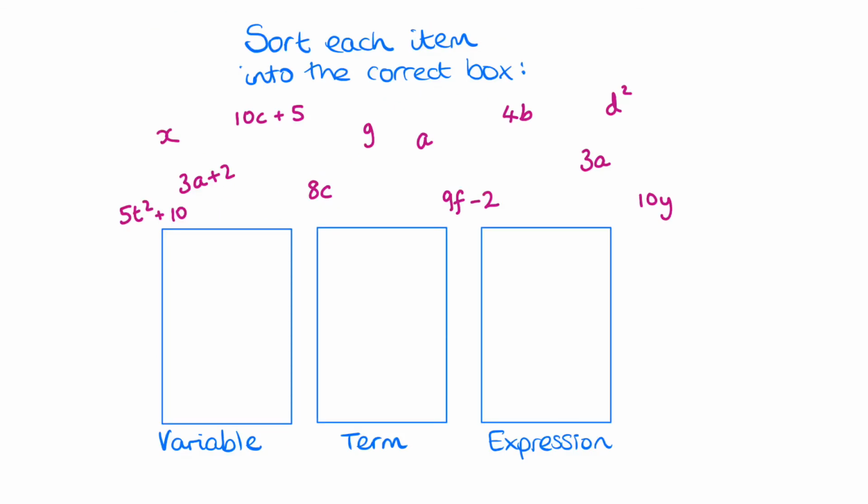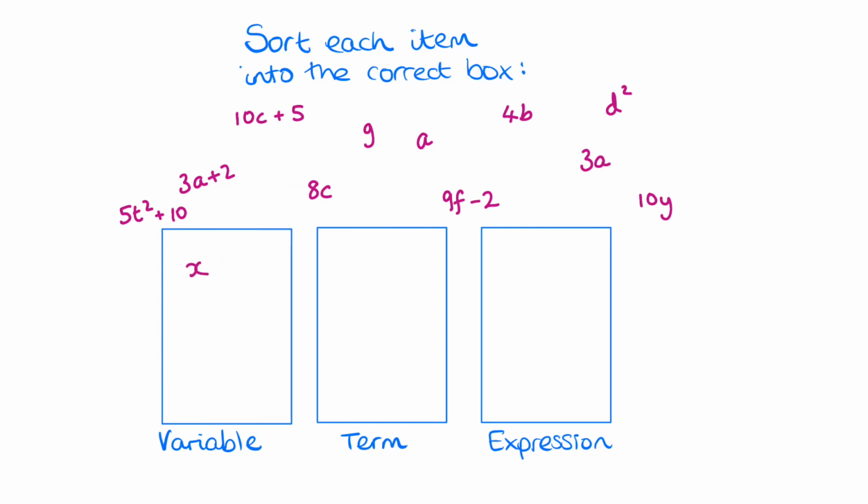So what I'd like us to do now is sort each item into the correct box to help us learn what's a variable, what's a term, and what's an expression. So if you go back to what we've written down a minute ago, then the single letters are the variables. So, for example, we can pick up this x and drop it into the variable box.